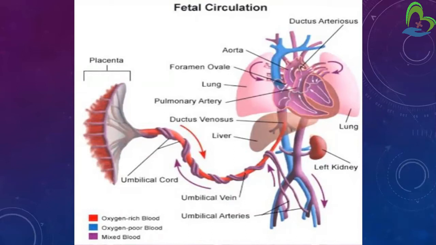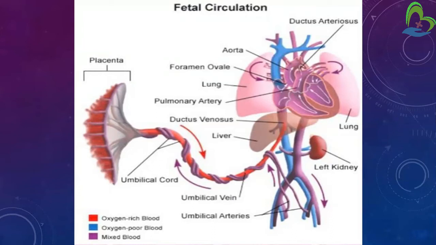Then ductus arteriosus. Ductus arteriosus is a hole between the pulmonary artery and aorta. Then next is ductus venosus. Ductus venosus is an opening between the umbilical vein and inferior vena cava. So this is the terminology that we must remember in fetal circulation.